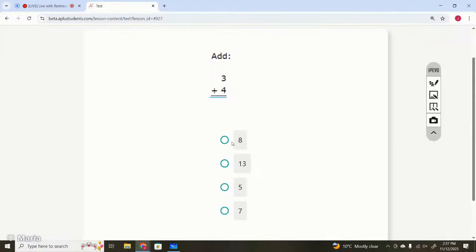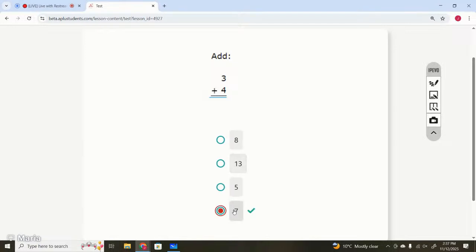3 plus 4, which is the correct option? So 3 plus 4 makes, yes, 7 it is.